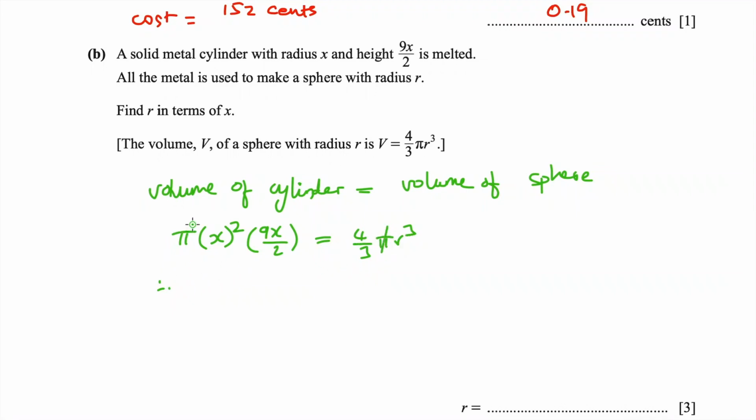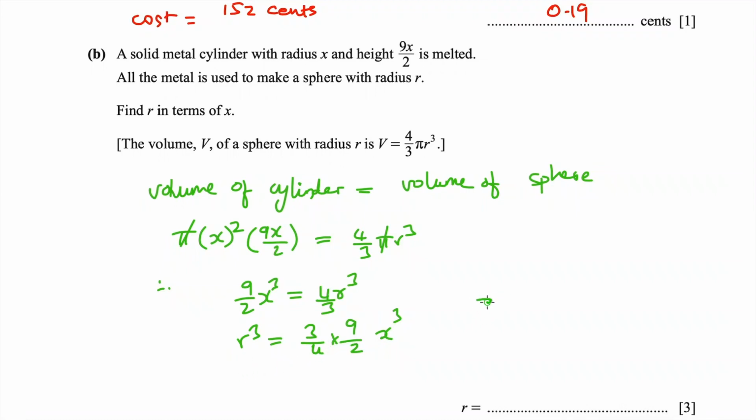So pi and pi will get cancelled. 9 by 2 x cube is equal to 4 by 3 r cube. So I am taking 4 by 3 to the other side. It will become 3 by 4. 3 by 4 into 9 by 2 into x cube.